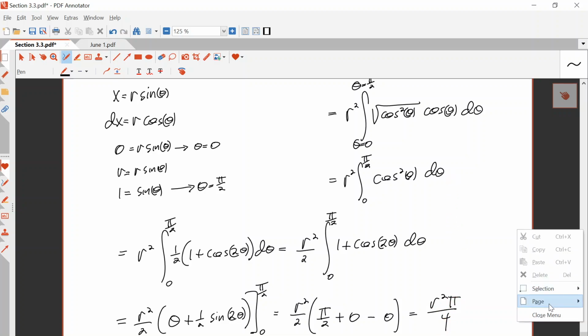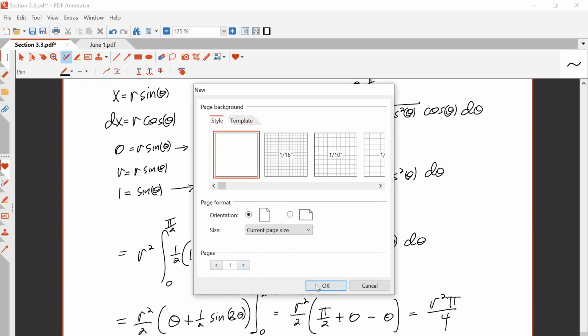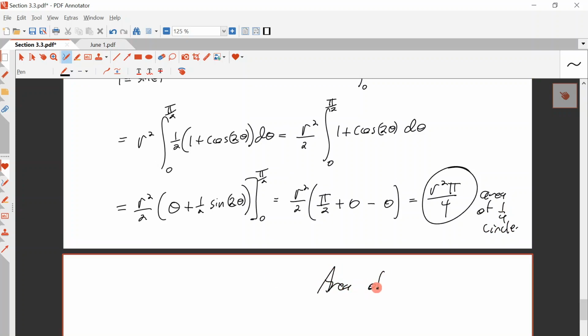So that's the area of the quarter circle. So the area of the entire circle is pi r squared. Right, and that's what we wanted to find.